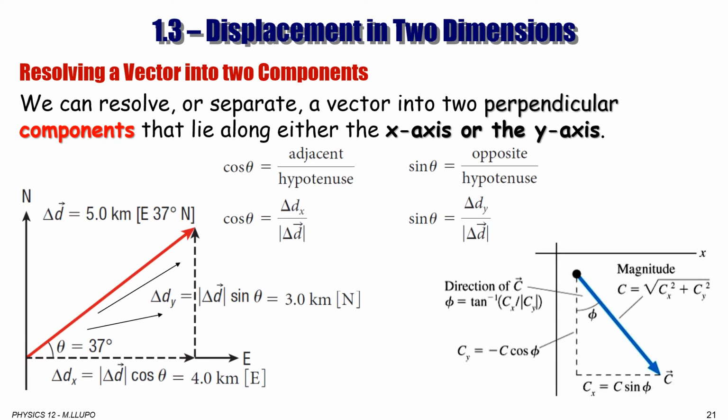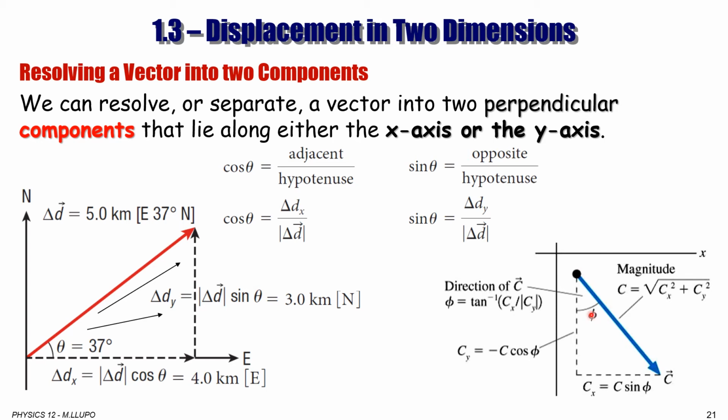Now, I want to draw your attention to this diagram on the lower right. You see that there is an angle there, a vector with an angle along the y-axis. On the left, you have an angle that the vector is forming with the x-axis. So that's why for this y component you can use sine.